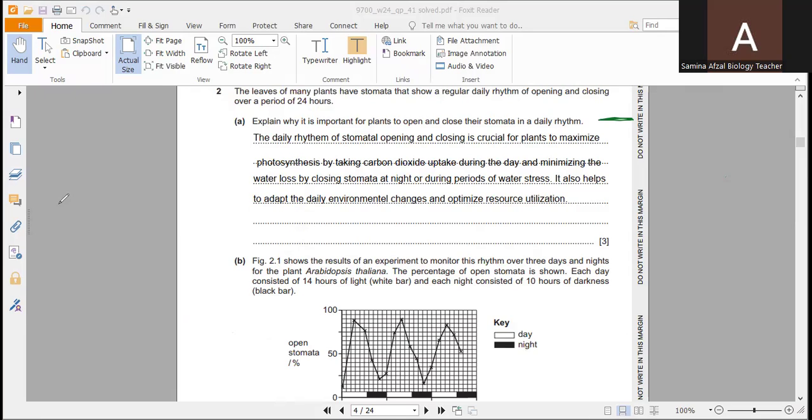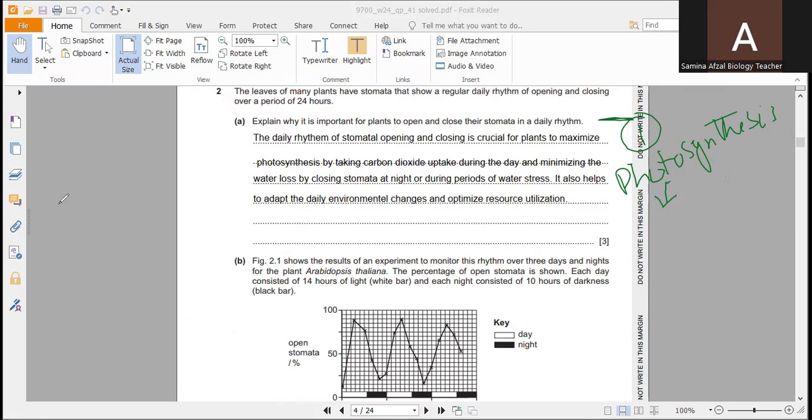First of all, the first reason is the importance for photosynthesis. And what is photosynthesis? Photosynthesis is a process by which green plants manufacture food, and as a result of this photosynthesis, oxygen is produced.